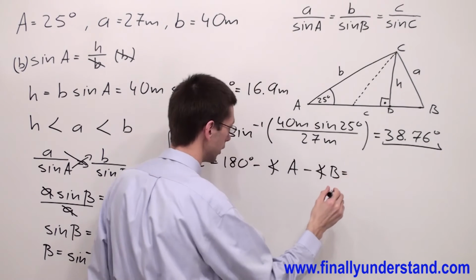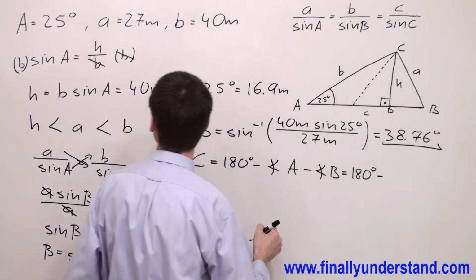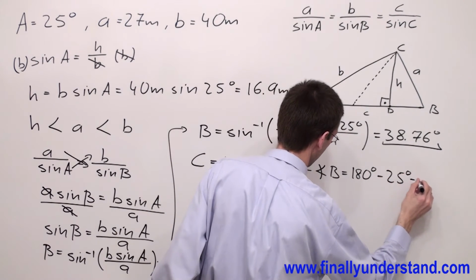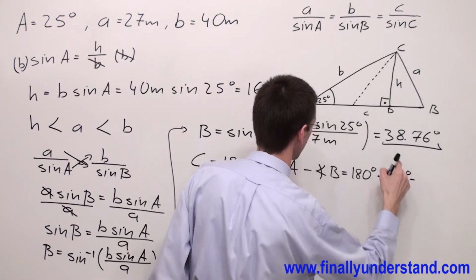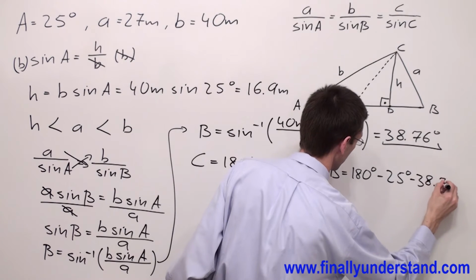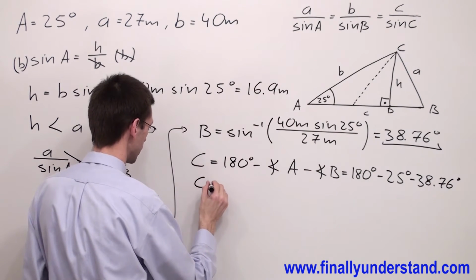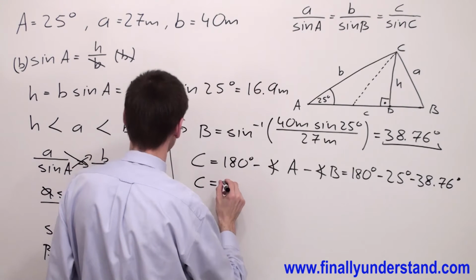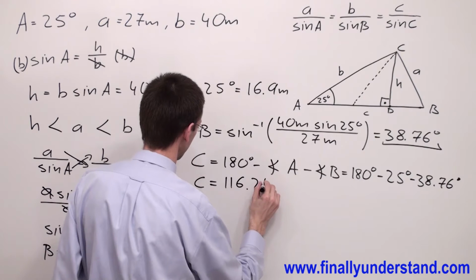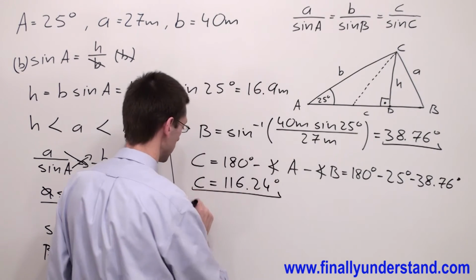Okay, this is equal to 180 degrees minus angle A, which is equal to 25 degrees, and minus angle B, which is equal to 38.76 degrees. Okay, so C is equal to 116.24 degrees. This is the angle C.